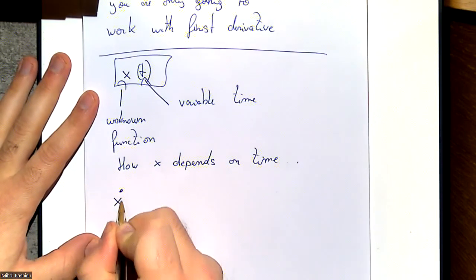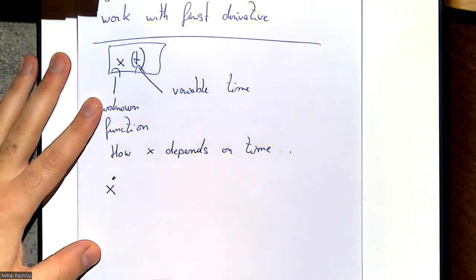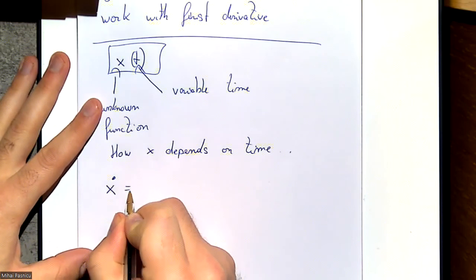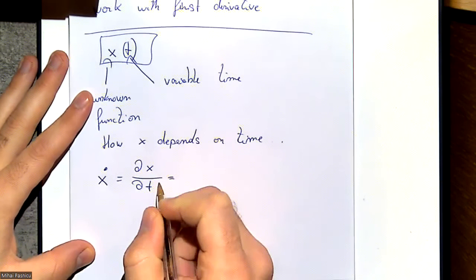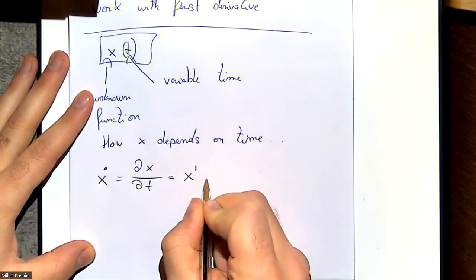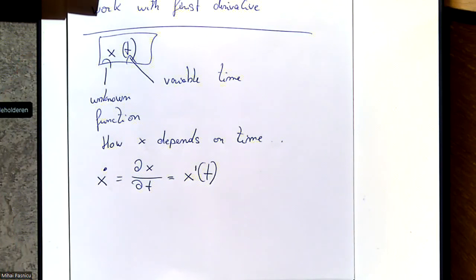X dot is what is standard to be used in the class for the derivative. This is the same as writing the derivative of x with respect to time, which is the same as writing x prime of t. Now, why do we use x dot? I have absolutely no idea, but everyone is using x dot. So we should be using x dot. It sounds sad, but that's the way the world works.